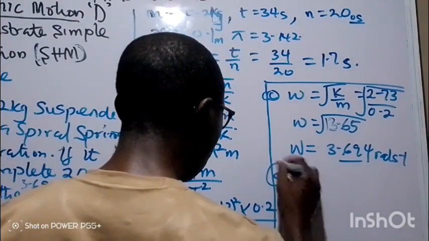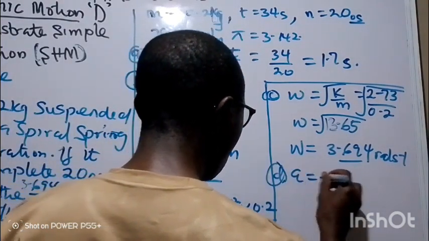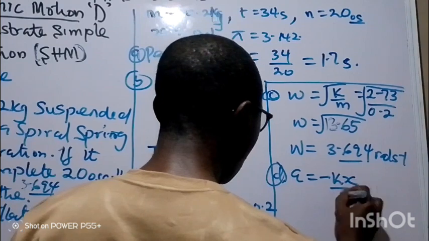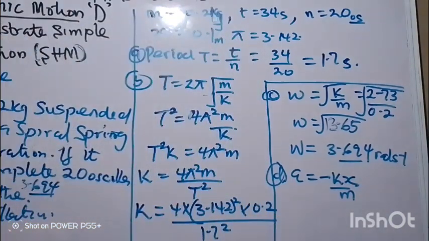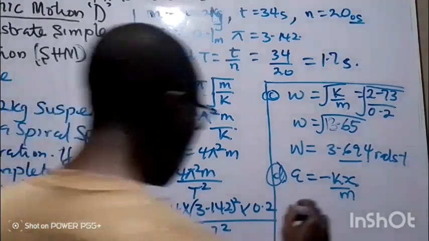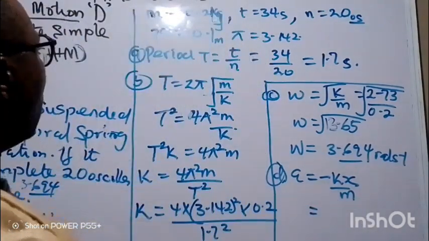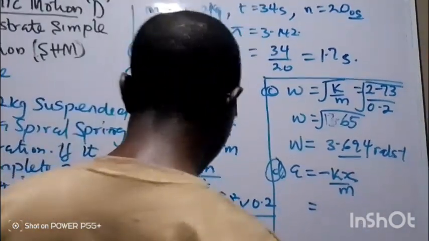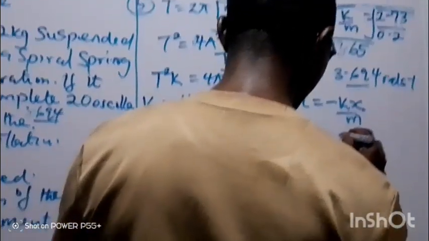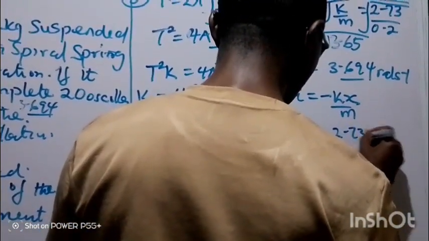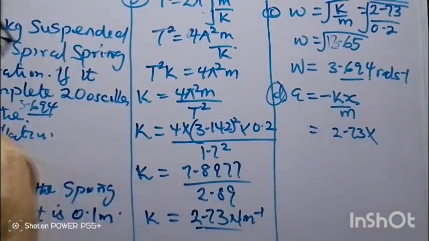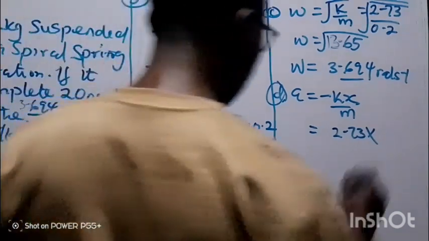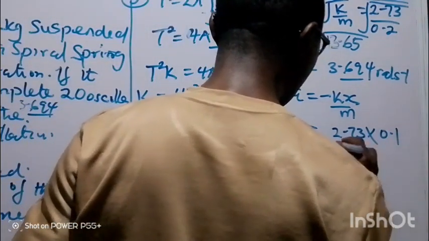The next one, which is question D, is acceleration, which is equal to minus ks over m. Mind you, the negative sign there just indicates the direction. The value for k, according to what we calculated, is 2.73. Our s from the question is 0.1. The m is 0.2.